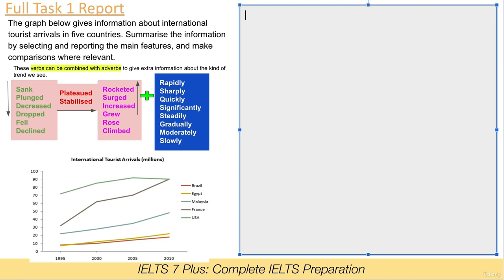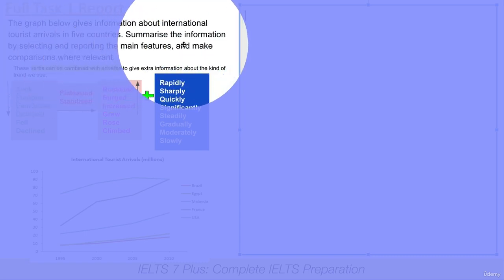Okay, so we want to start by paraphrasing the question. Now, this is a very important skill and one that is essential to practice for task 1. So we are going to simply look at the question here again, and we're going to paraphrase it.